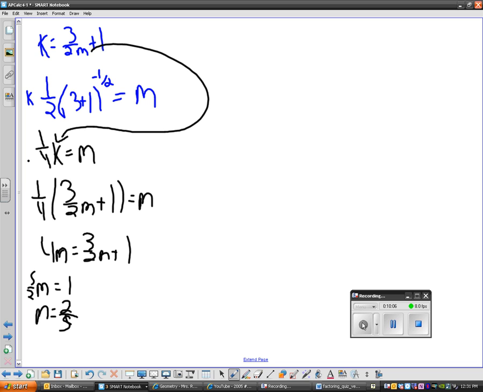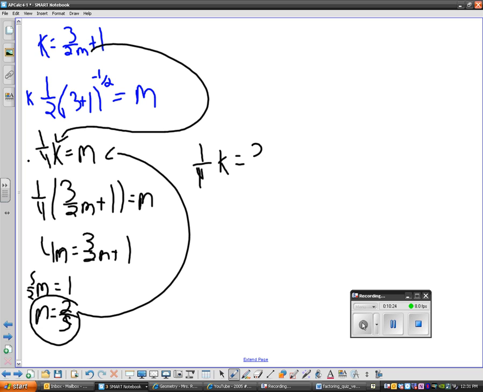And then plug this back in for m to solve for k. So 1/4 k equals 2/5. So k equals 8/5. And you're done.